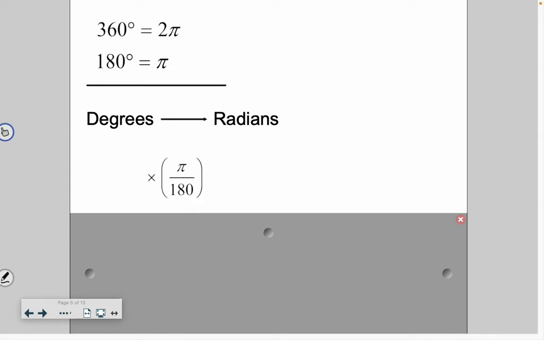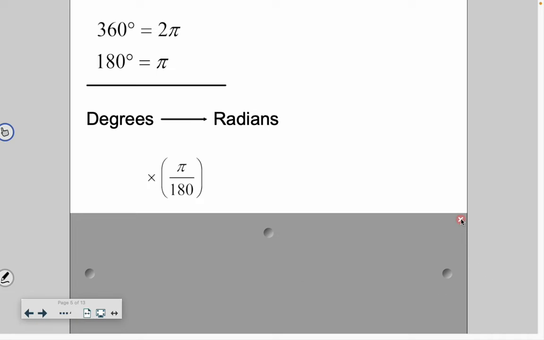The second is, if you don't see a degree symbol, you're also in radians. So they could say 1.5, and you might ask, 1.5 what? Unless it says degrees, that means 1.5 radians, okay? So, 2 different ways to look at it: if you don't see a degree symbol, or if you see pi.